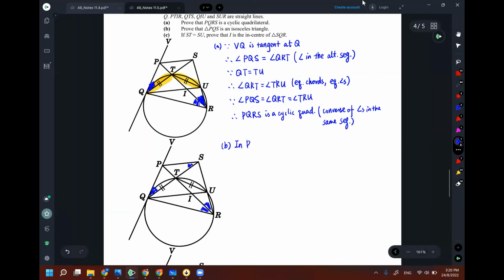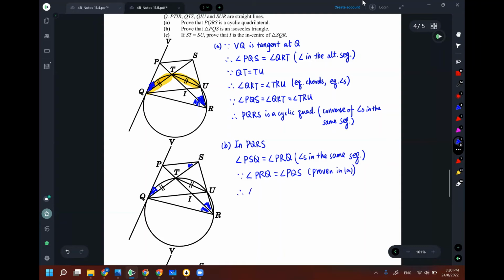In circle PQRS, we have angle PSQ and angle PRQ, angles in the same segment, are equal. And we already know angle PRQ and angle PQS are equal. Proven.